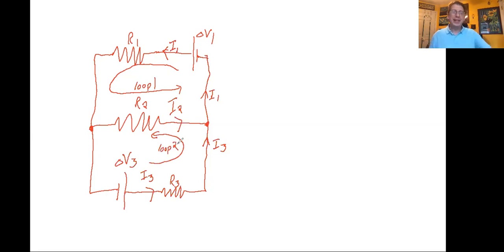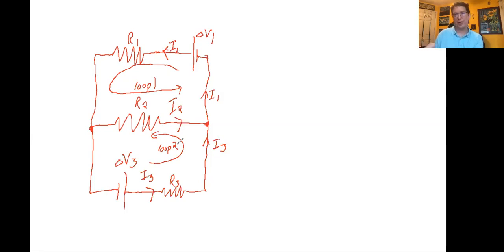So let's say we're given the voltage values and we don't know what the current values are, and we're given the resistances. So we're given the delta V's, we're given the R's, we're not given the I's. But we have enough information to solve that. And so here's how you do it. The first equation is the junction rule equation.